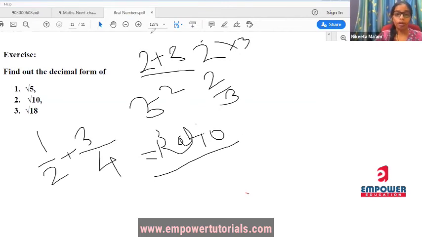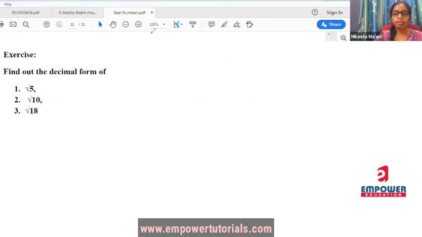But what about irrational numbers? What if I am doing some operation between a rational number and an irrational number? Can I add root 3 plus 2?